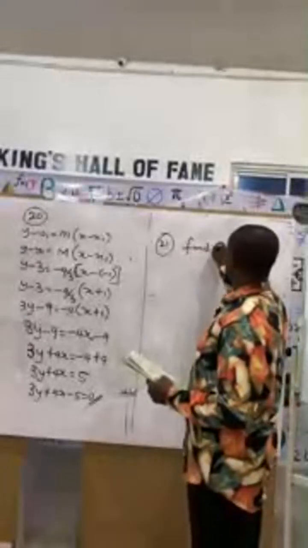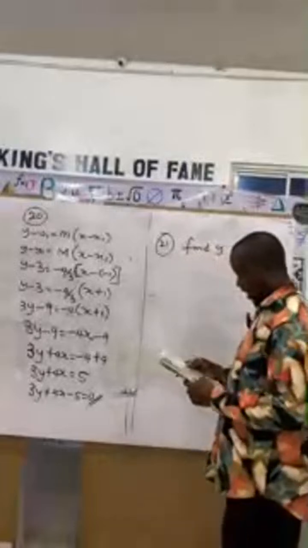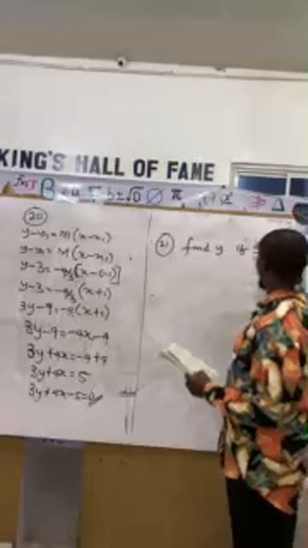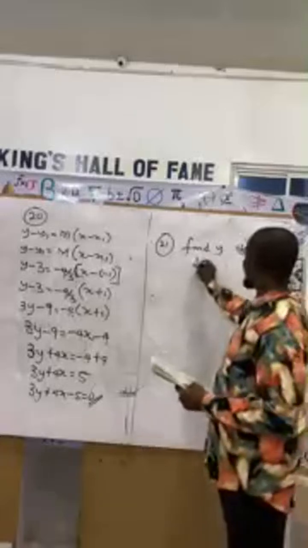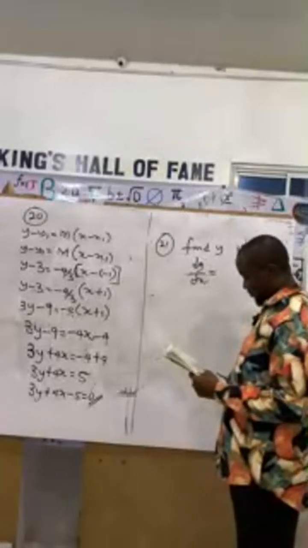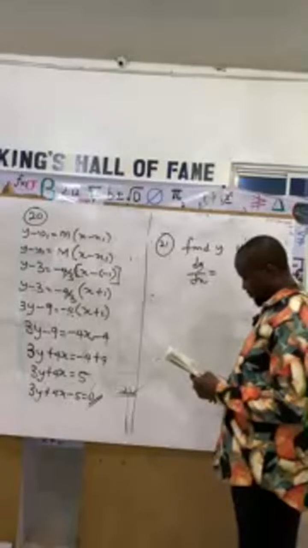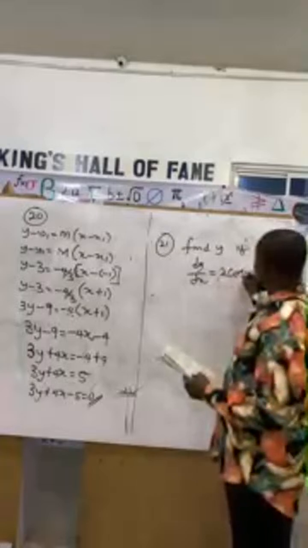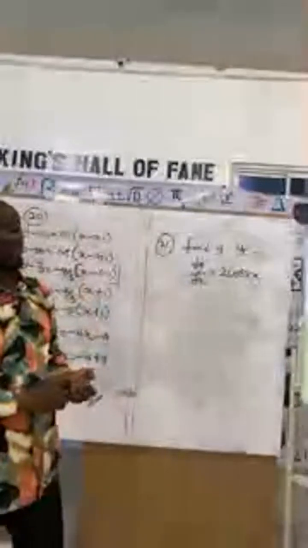Find y if dy over dx equals to 2 cos 2x. This is the kind of question I like, differentiation, integration. If I wish, I can put all the equations from beginning to the end.